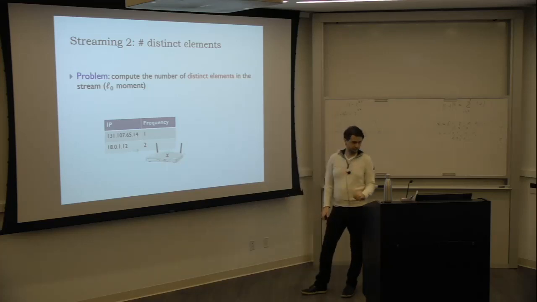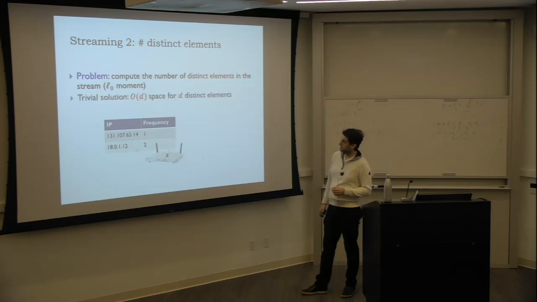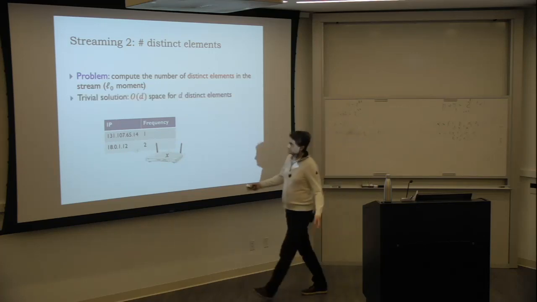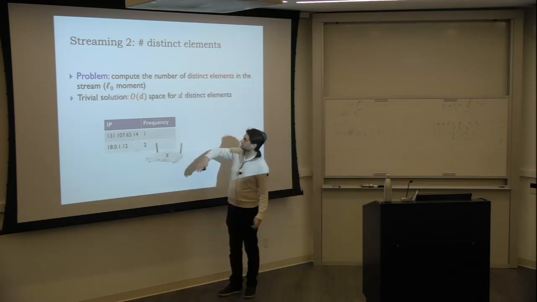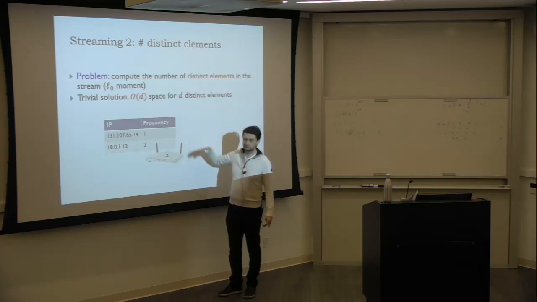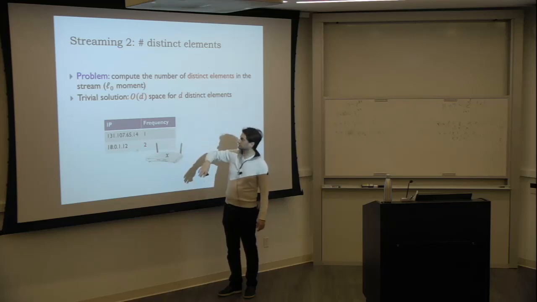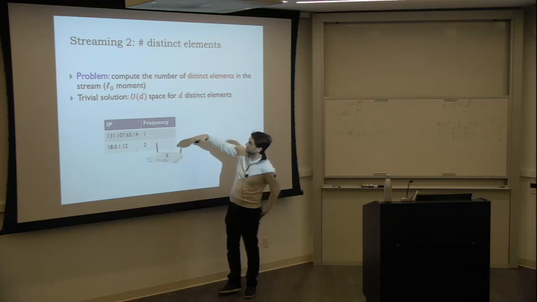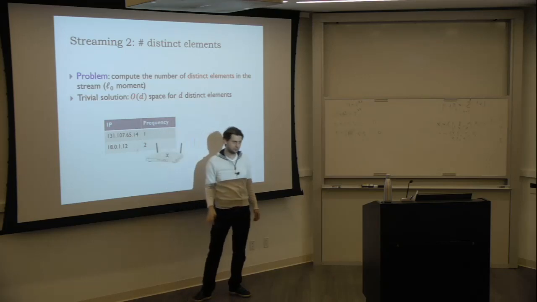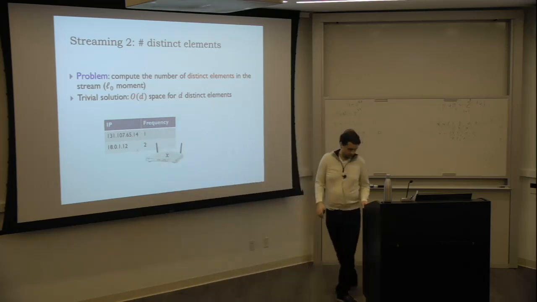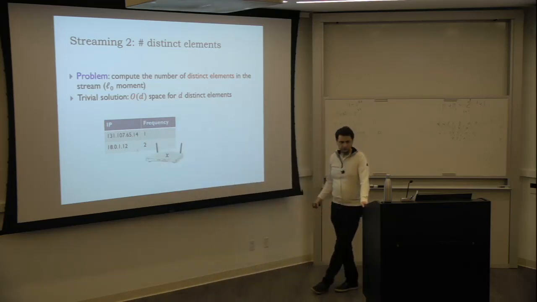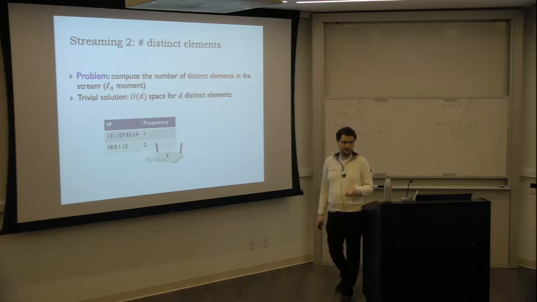Okay, so can we do something here? And again, I want to do this with small space. The trivial solution, a slight improvement over just storing the entire vector of IPs, is that if you have D distinct elements, you need just space of order D. And you cannot really do better if you want to estimate the number of distinct elements exactly.